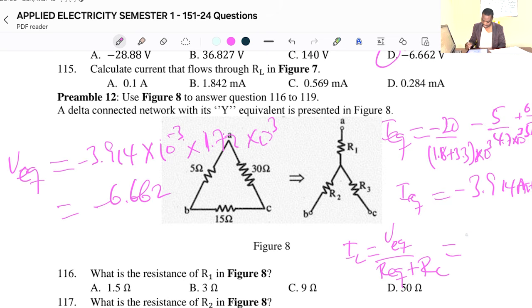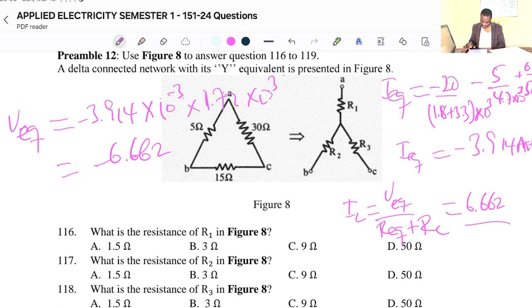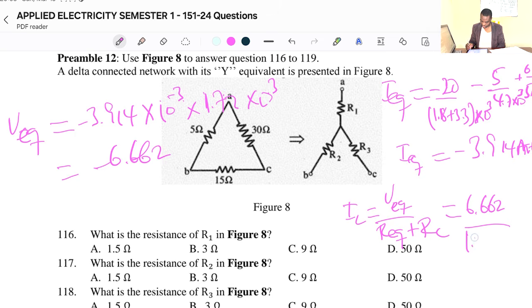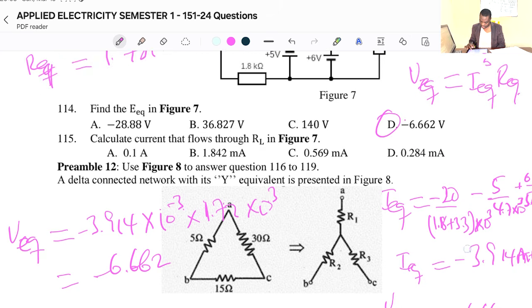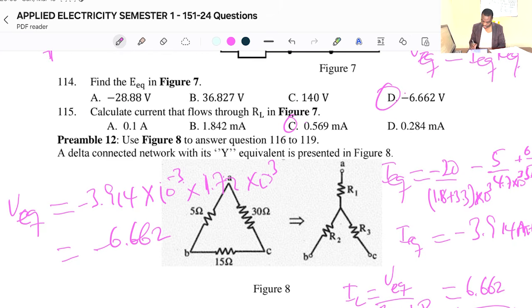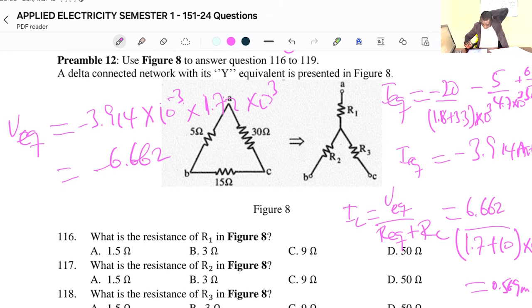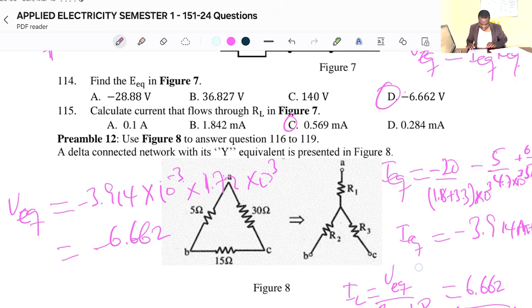So I can just write 6.662 over the equivalent resistance, which is 1.7 times 10 to the power 3 plus 10 ohms. So that will give us milli. When you divide this, you get the answer to be 0.5669. Now, that's how we solve question 115.